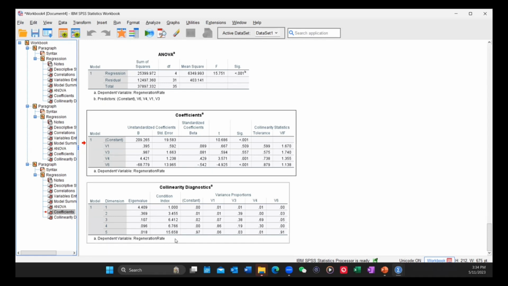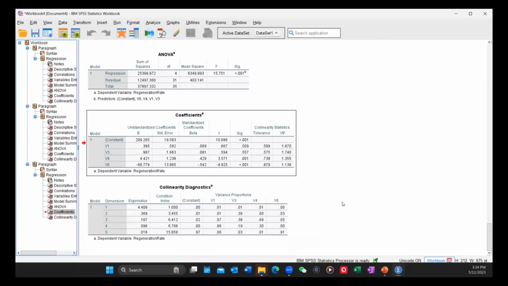And the conditional index values are also all below 30. Although there's still one, dimension 5, which has 15.658, which is borderline. And given that we have already removed V5, we can temporarily keep V6 here.